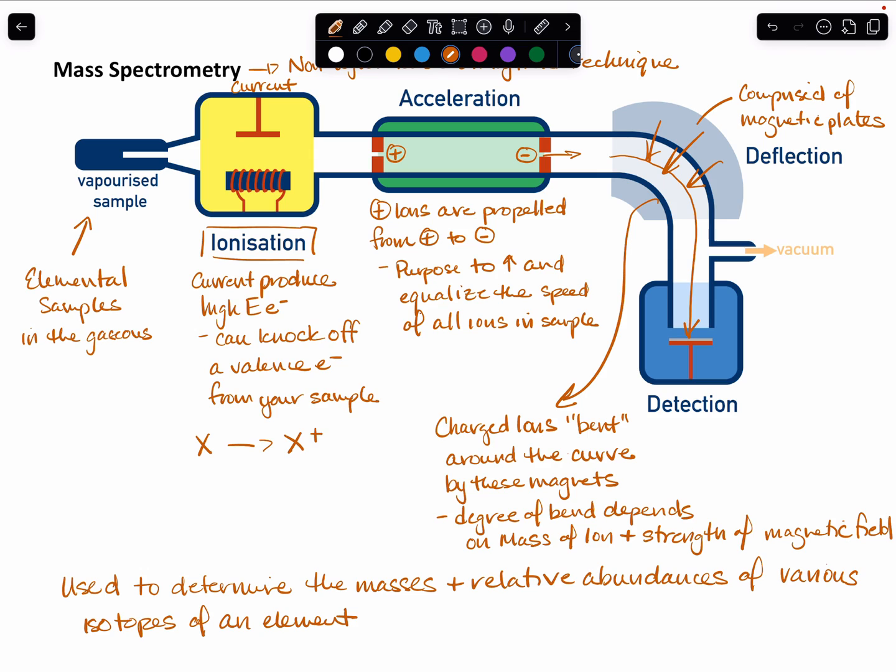All right. So the detection plate lights up. Well, that's not really right. I mean, basically, electrical current gets produced if a charged entity hits it. All right. So when the ion hits the plate, based on the strength of the magnetic field, it can calculate what the mass of that particle is.